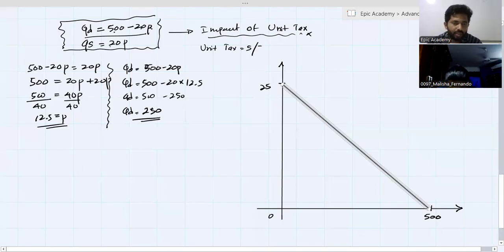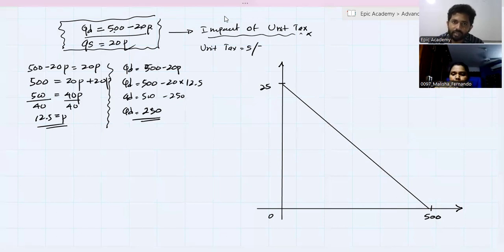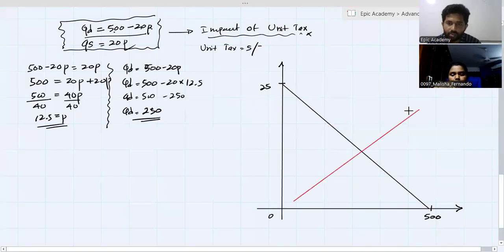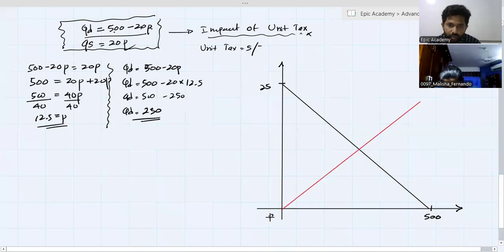If you think it is hard, just consider the QS equation. There's no value for the A. So that means this starts from the 0 point. Nothing to hesitate. Start from the 0 point. Something like that.